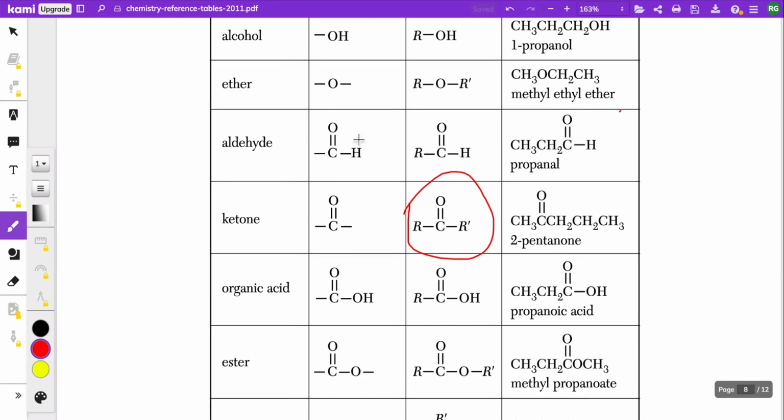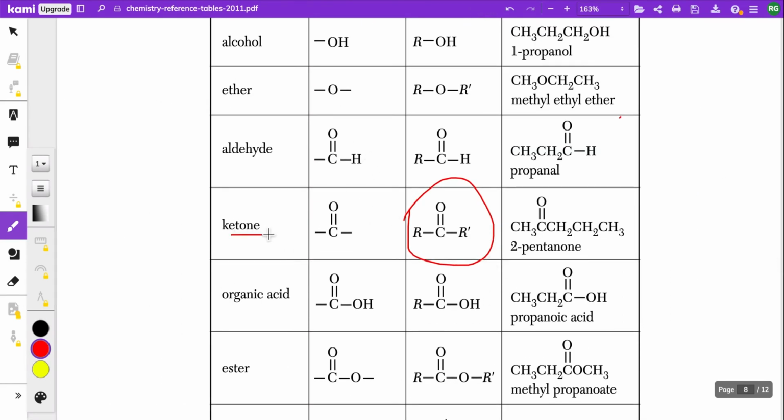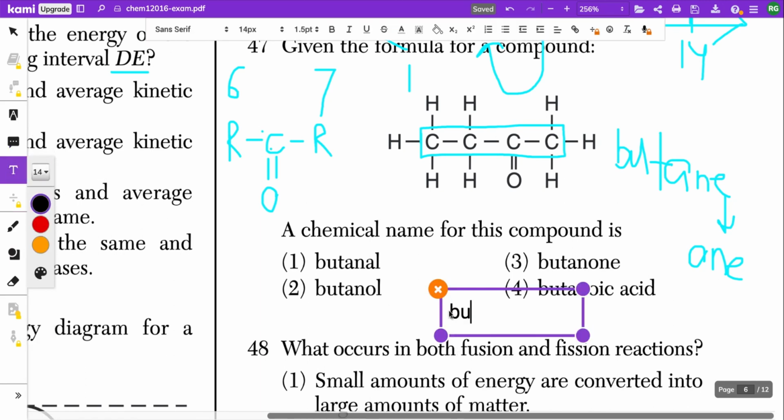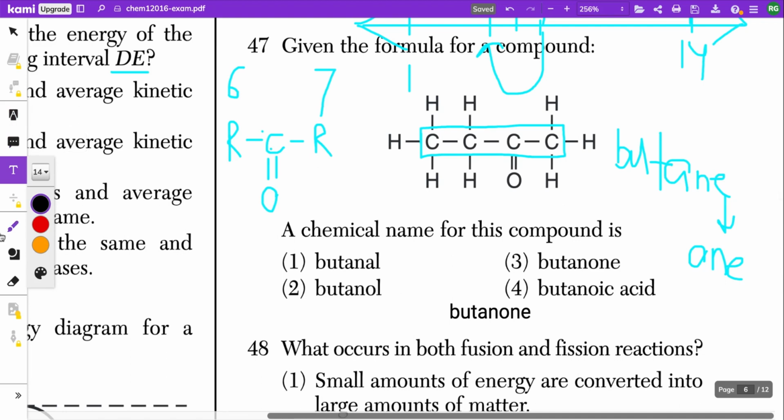But because our functional group is a ketone, all ketones end in -one. So what you're going to do is drop the E and add one to the end. So this is going to be butanone, which is answer choice number 3.